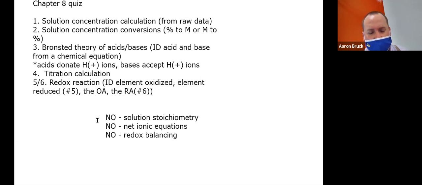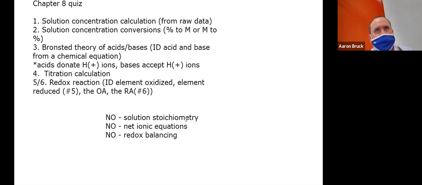All right, so let me talk just a little bit about what the quiz itself is going to look like. As you've seen before, you are going to need the equation sheet. You are probably going to want a periodic table. Both of those have been embedded into the instructions for the quiz itself.